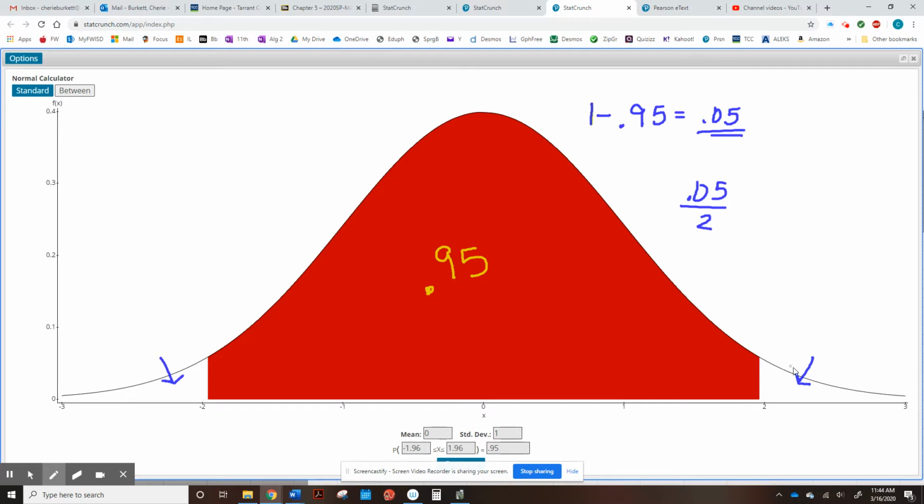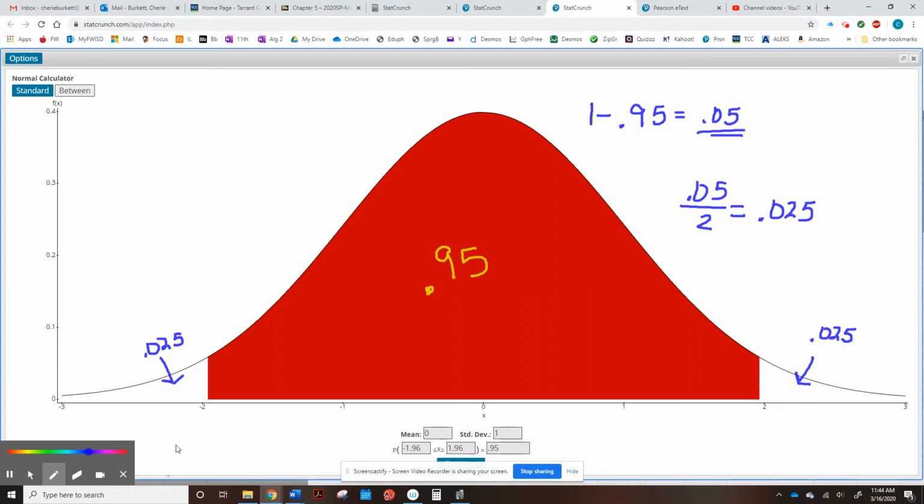Those two added together will give us 5%. So you take 5% divided into two equal pieces, and you get 0.025. So you have 0.025 over here, and you have 0.025 over here.